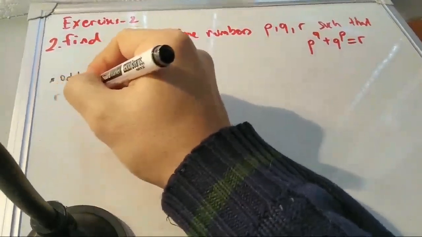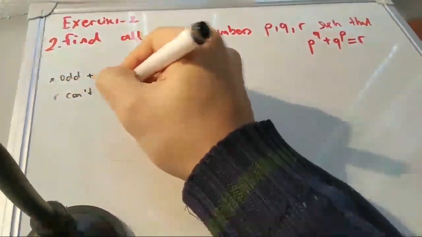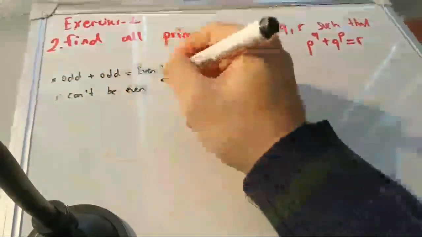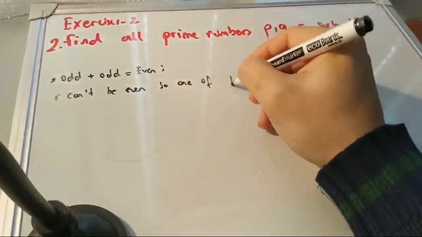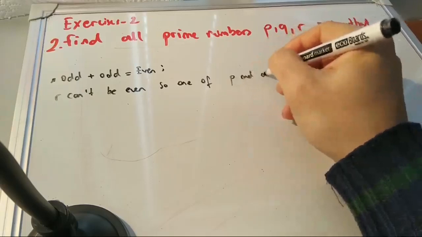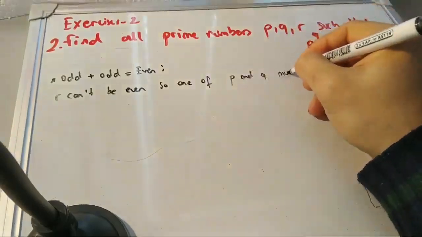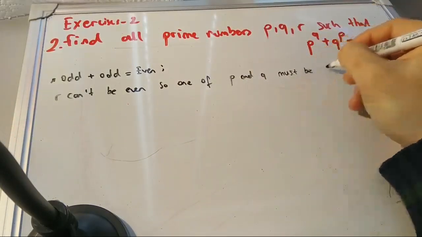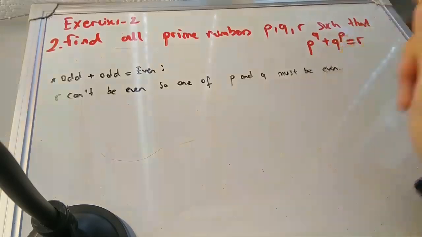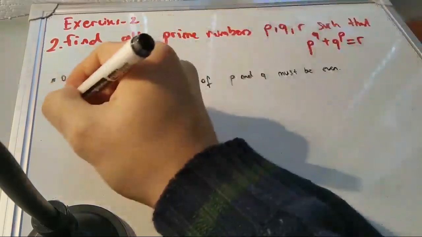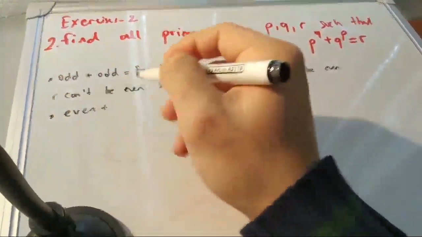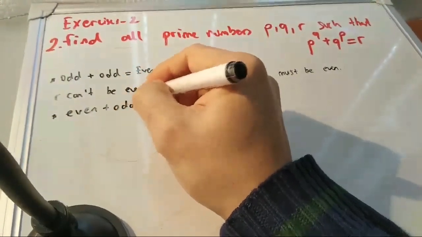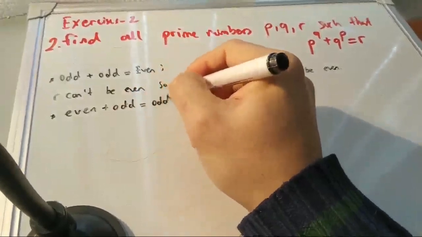R can't be even, so one of p and q must be even, because even plus odd is odd.